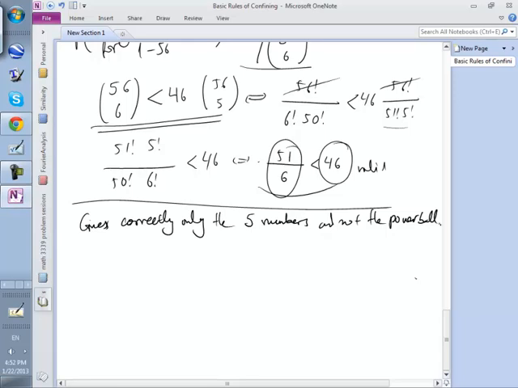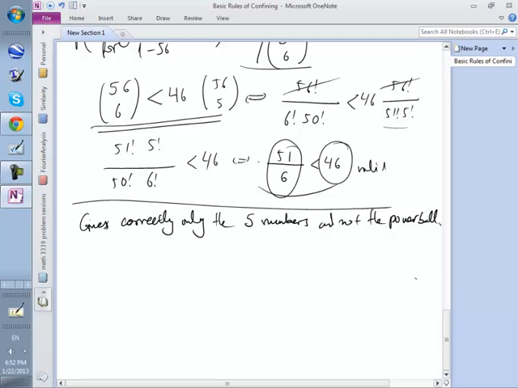Okay, this means that you guess correctly the first part. That can be done only in one way because it consists of 5 numbers. You have to guess correctly all of them, but you don't pick the Powerball correctly, so you have 45 choices out of the 46. The 46th is the correct one, but we said you missed it.